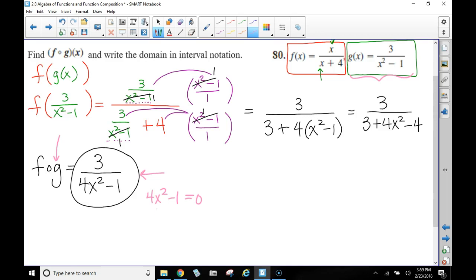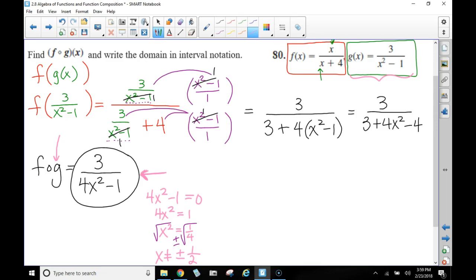Add 1 to both sides. Divide both sides by 4. Then we're going to take the square root of both sides, not forgetting our plus or minus symbol. So the x values of both positive and negative, square root of 1 is 1, square root of 4 is 2. Those are not in our domain because it makes the denominator of this fraction 0.